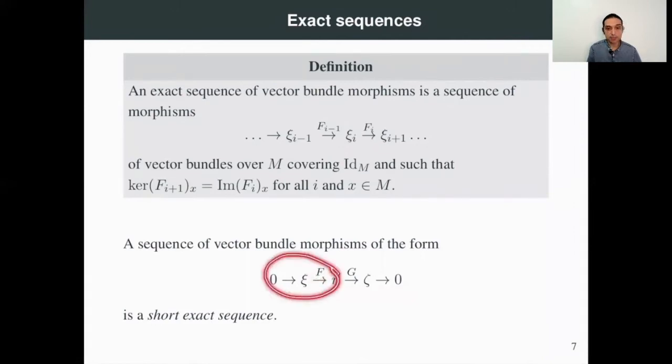So that this part of the sequence is exact is equivalent to F being a monomorphism. The exactness in this part of the sequence means that the kernel of this map, which is the whole fiber, because we are talking about the zero map, has to be the image of G. So in particular, the exactness at this part is equivalent to G being an epimorphism. And then we have an extra condition, which is that at every fiber, the kernel of G is equal to the image of F, right?